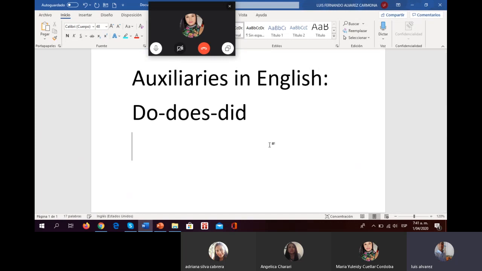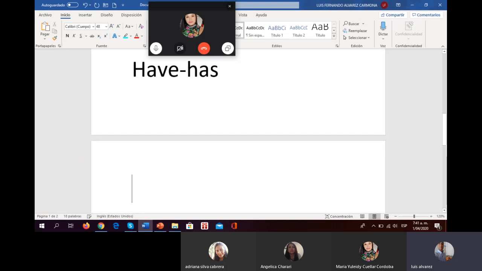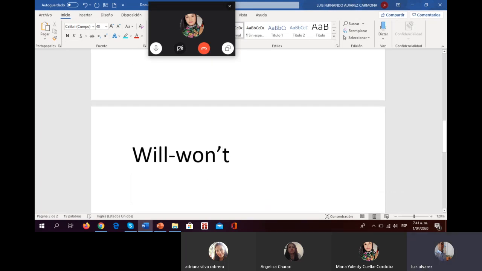We also have, for example, have in present, or has. Also in present, they change respectively. We can say haven't in the negative or hasn't in the negative. We have will; the negative form for will is won't. We can say can, modal verb. The negative is can't.